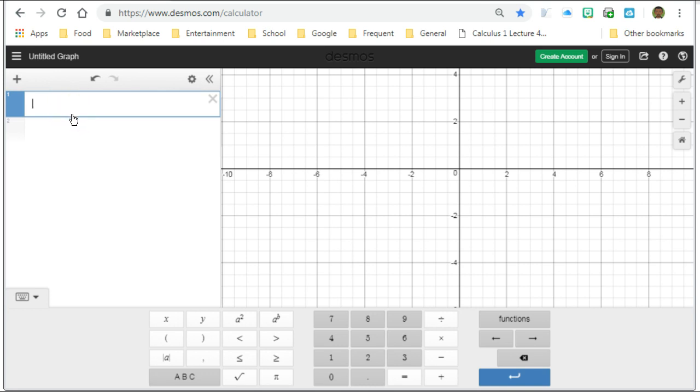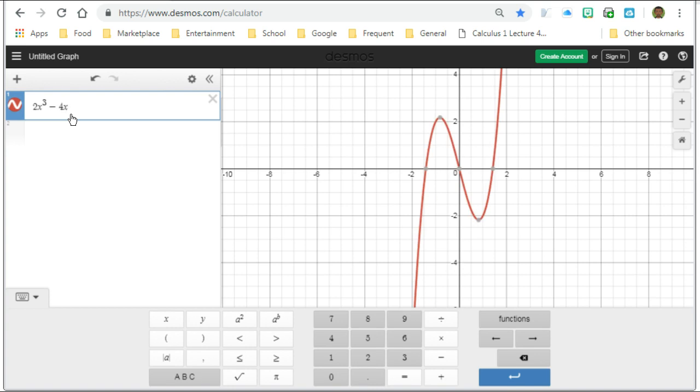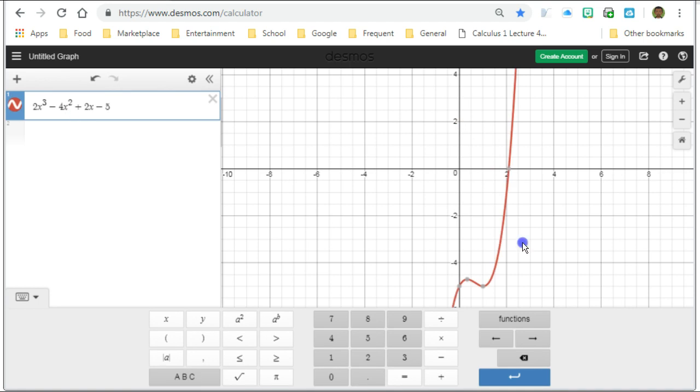Say I have 2x to the third power minus 4x squared plus 2x minus 5.